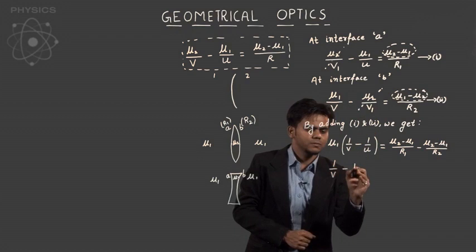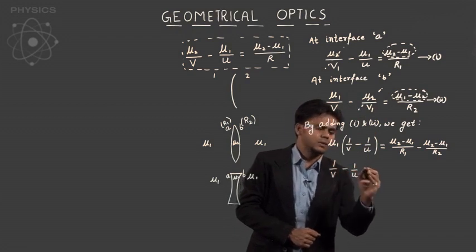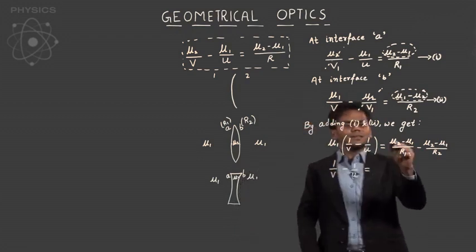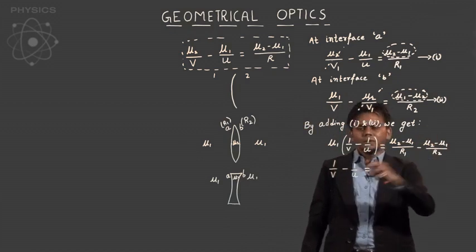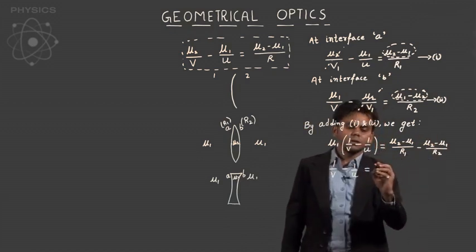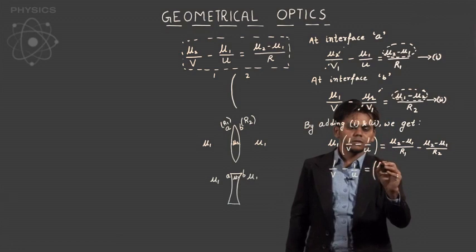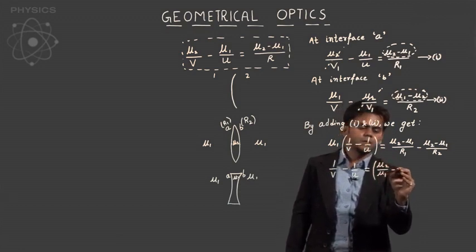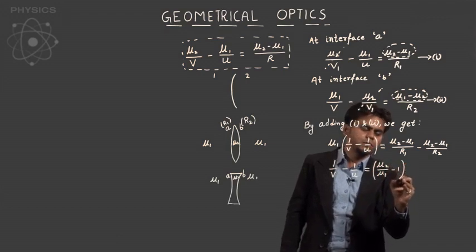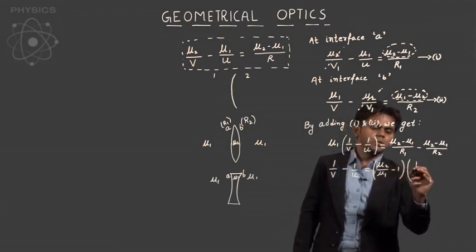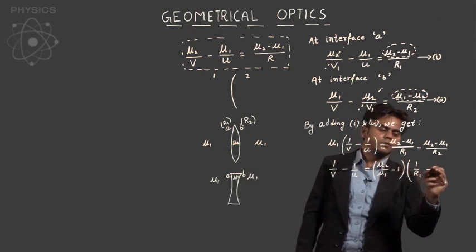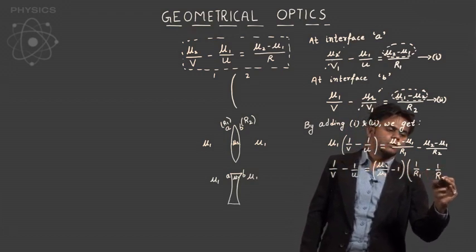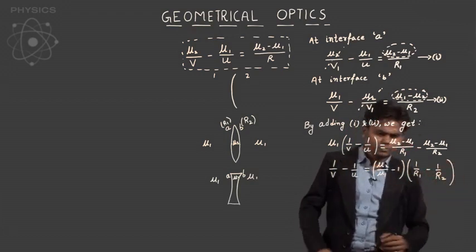On further simplification, what you would get is equal to, take these two things as common and divide with mu1, you'll be left with mu2 upon mu1 minus 1 into 1 by R1 minus 1 by R2 inside the brackets.